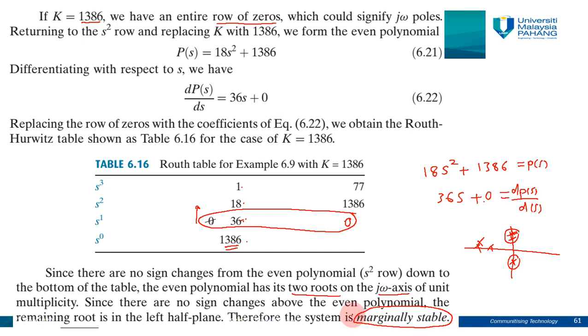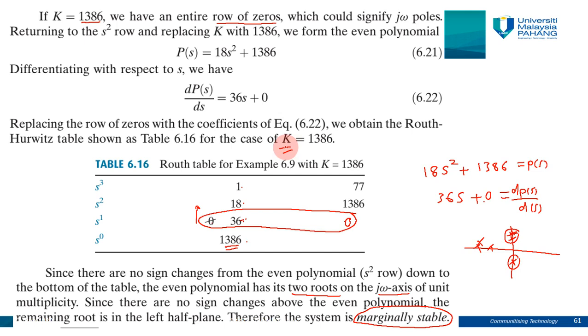Okay, so this is how we can study the impact of changing the gain from a small value to a high value, and by changing the gain we can change the stability of our system. The gain k here gives you three situations. The first situation: if the gain is less than 1386, your system is absolutely stable.